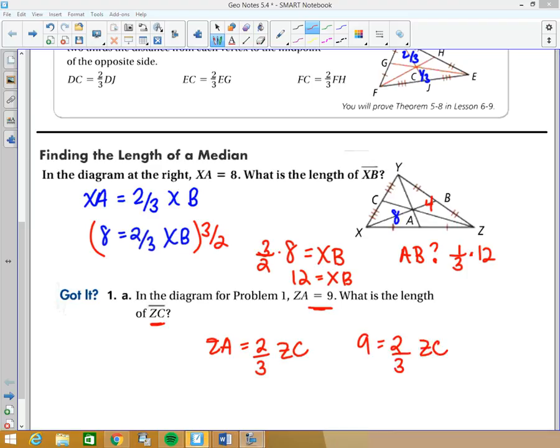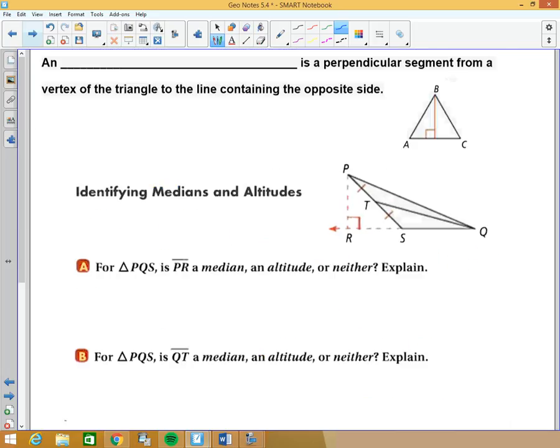If we use that reciprocal relationship, we multiply by 3 over 2, and 9 times 3 gives us 27, divided by 2 is 13.5. So ZC is going to be equal to 13.5. And that's using the centroid to find lengths of segments.